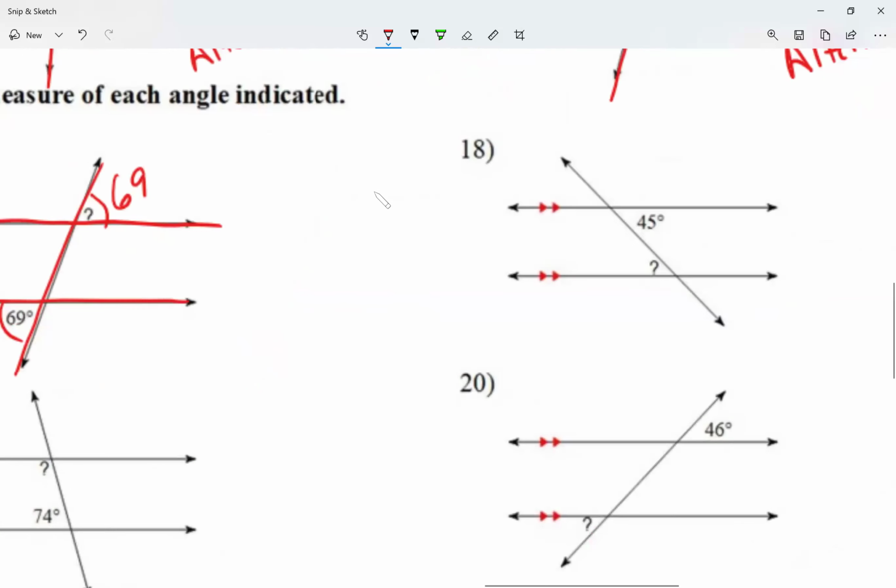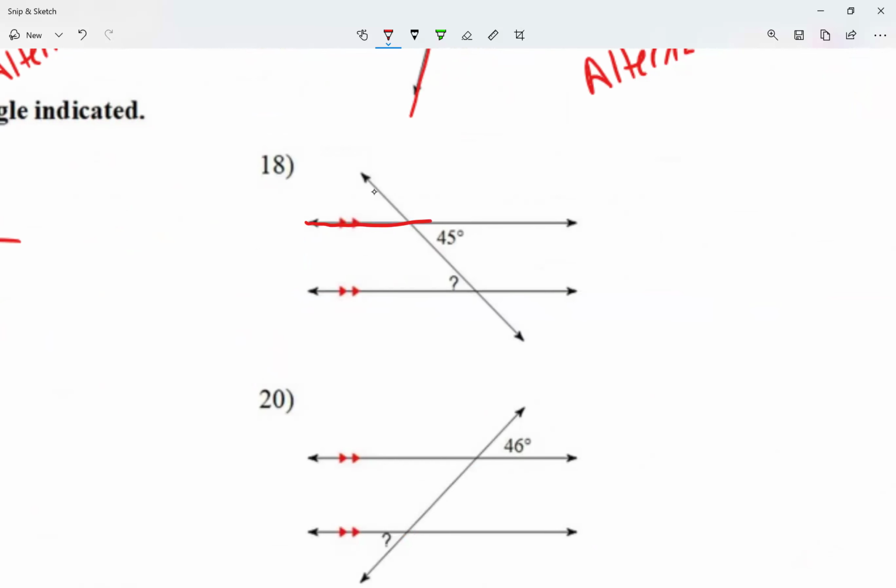Looking at number 18, I see my parallel lines. I see my transversal. I see these two angles are alternate interior. And I said alternate interior or alternate exterior, either of the two angles are congruent, right? Same number.